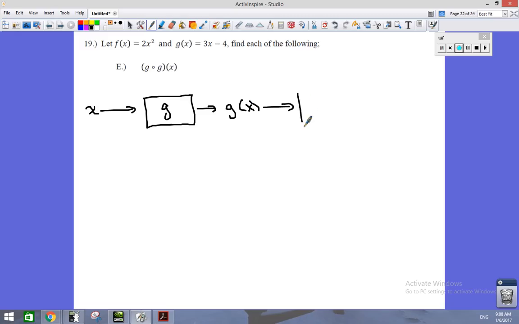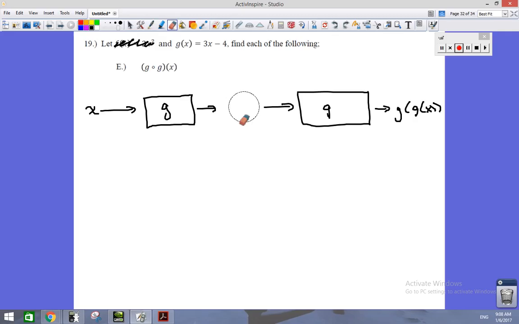And then the next function, rather than it being an f or something, is an identical machine, an identical function, g, and so the output is g of g of x. Well, I'm not even using f in this part E. g of x is 3x minus 4.